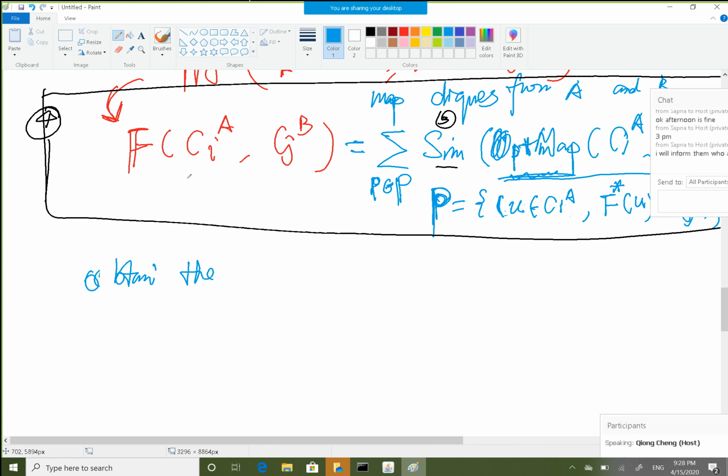This is just calculated for each community pair, right? It is for a community pair. And here, this one obtains the best equivalence of all the communities by maximizing the community scoring function, such that it is the best equivalence.